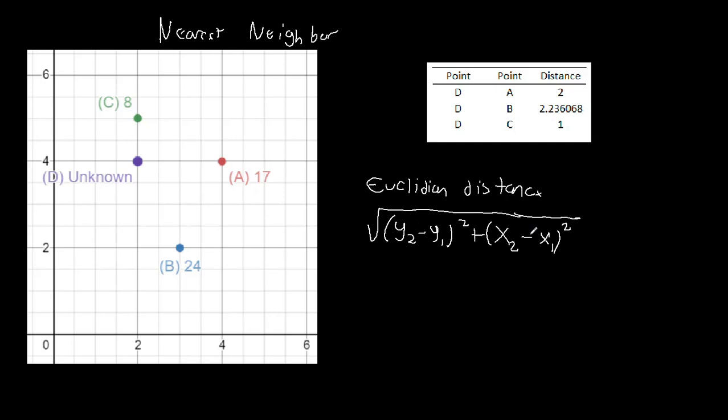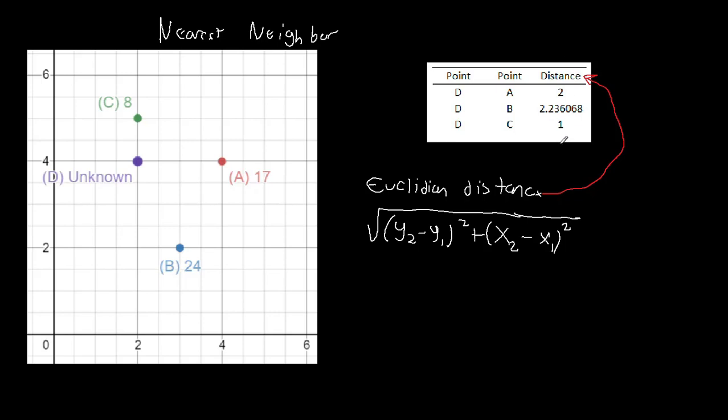This is the equation for Euclidean distance, where y2 and x2 are the x and y coordinates of one point, and y1 and x1 are the x and y coordinates of the second point. So this distance right here is this distance right here.